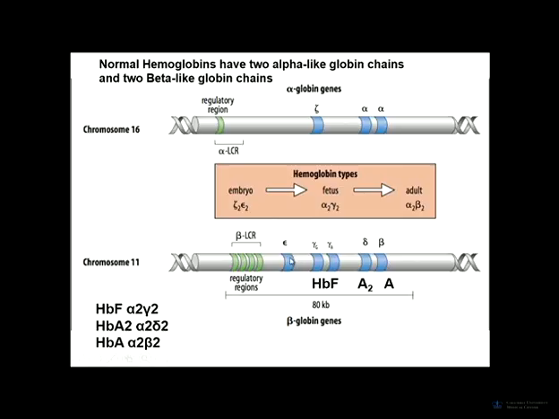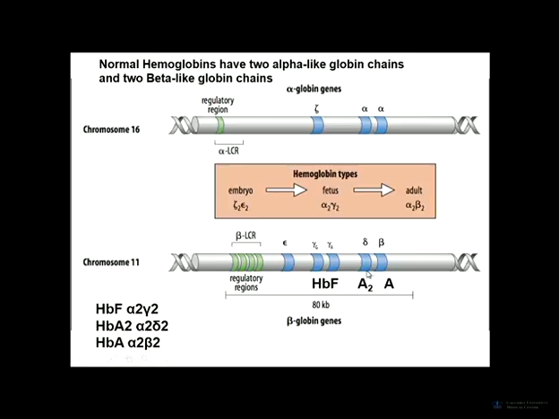The embryonic type of beta globin, the epsilon globin, is here upstream. Then you have duplicated gamma genes. Gamma genes are expressed in utero, so alpha-2 gamma-2 is fetal hemoglobin. This is the main hemoglobin that's present in utero. And then in adult life, there's a switch over to hemoglobin A and hemoglobin A2.